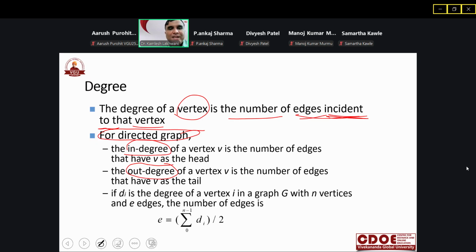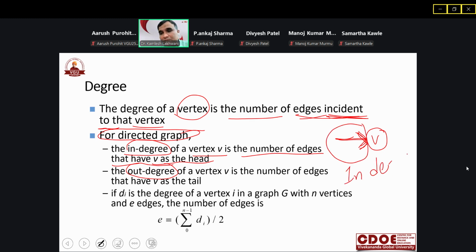The in degree of a vertex V is the number of edges that have V as head. For example, this is a node V. An edge is coming towards V. This is the arrow, the direction of the edge. So this arrow is counted as in degree.